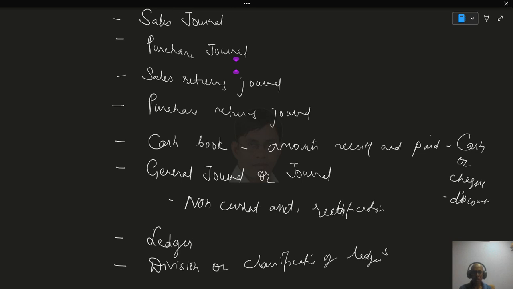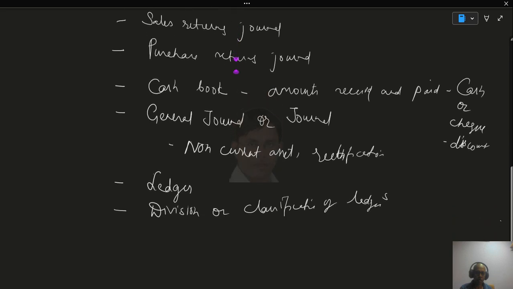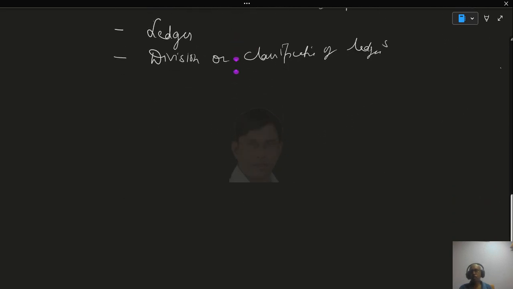In the ledger we have learned how to post and how to prepare accounts.